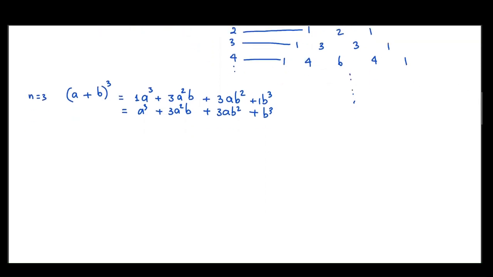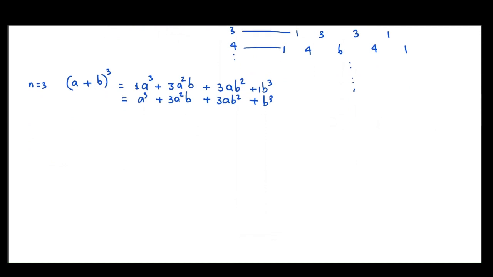What if we have (a minus b) cubed? We can rewrite it as (a plus negative b) cubed, and we do similarly. The first one is 1a cubed, so we just say a cubed.